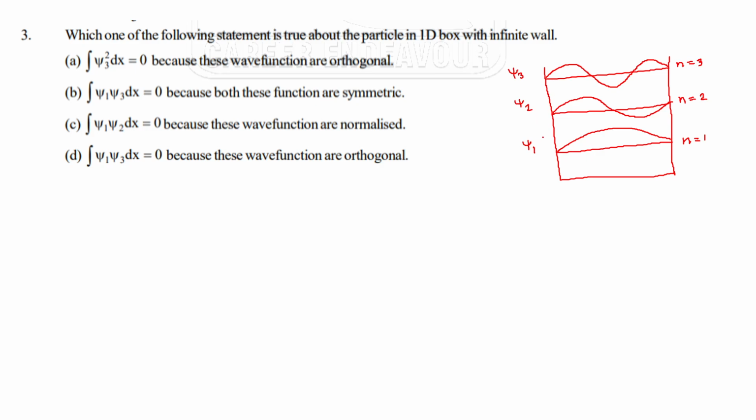All of them are normalized and orthogonal to each other, right? So you tell me out of these 4, which option is correct? The first one says integration of psi 3 square dx is 0 because the wave functions are orthogonal. Is this a true statement?